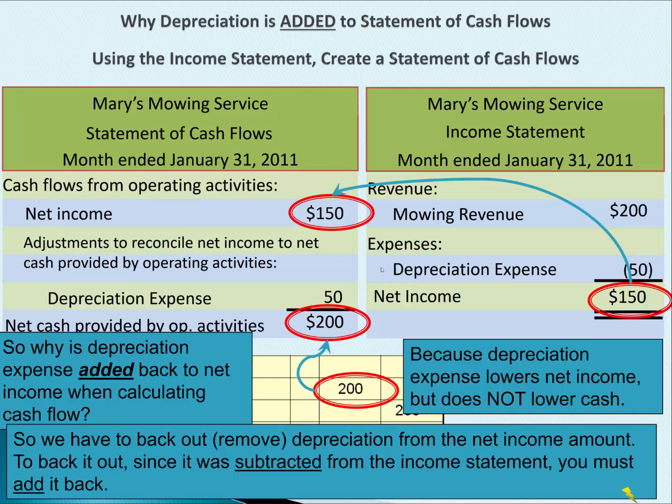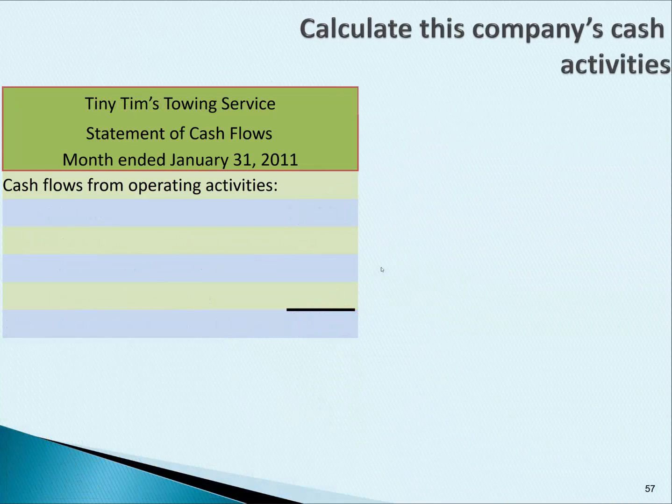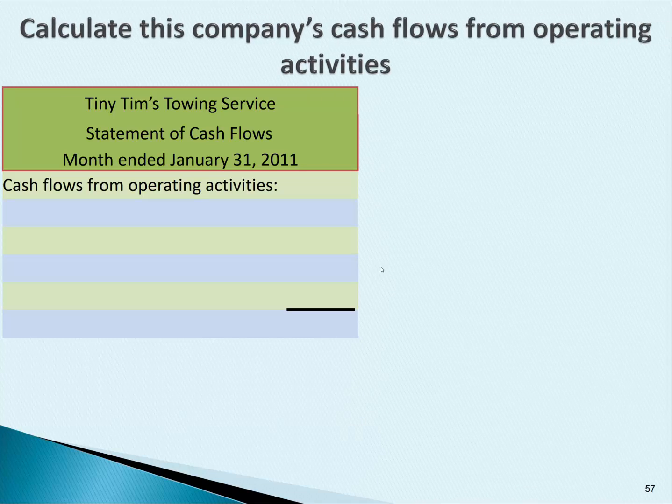To back it out, since it was subtracted from the income statement, you have to add it back in. So we're reversing or backing out depreciation. How do you back out an expense? You add it back in. So that is why we have to add depreciation on the statement of cash flow.